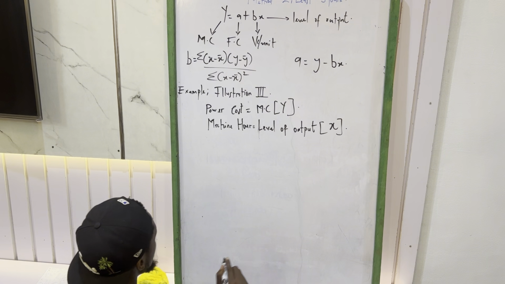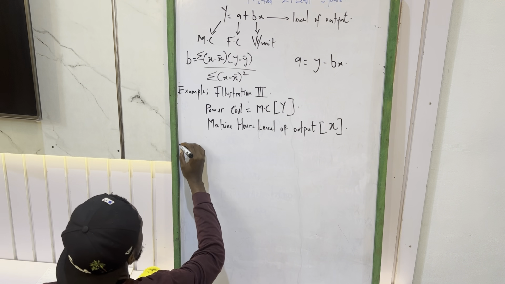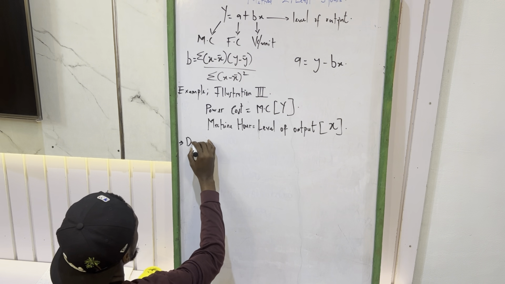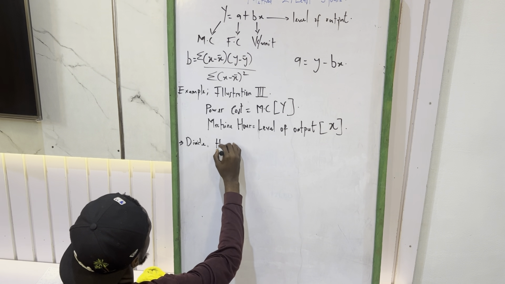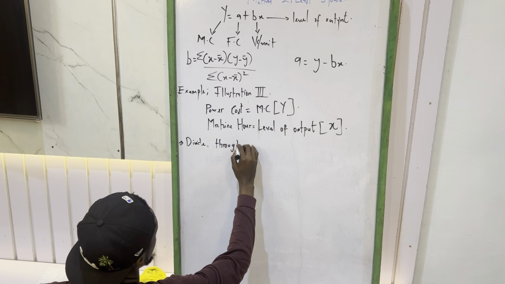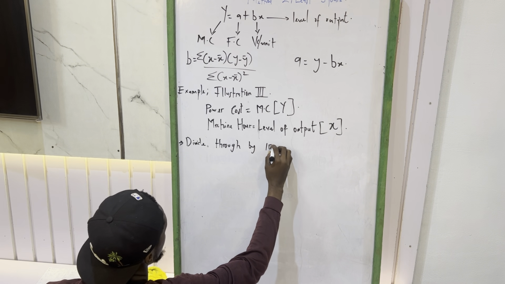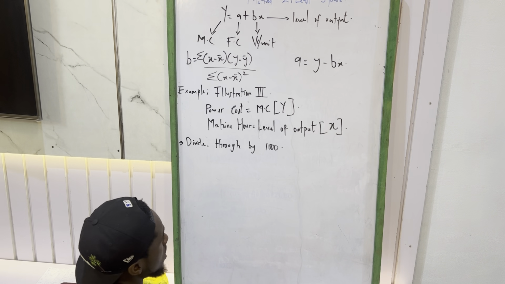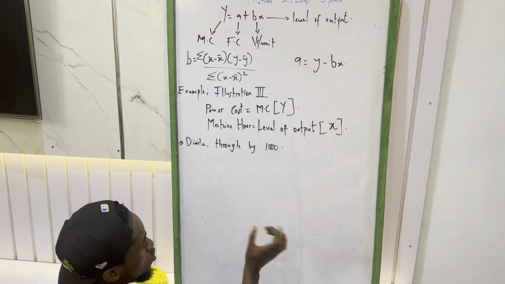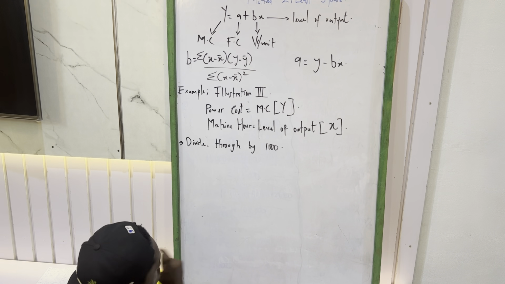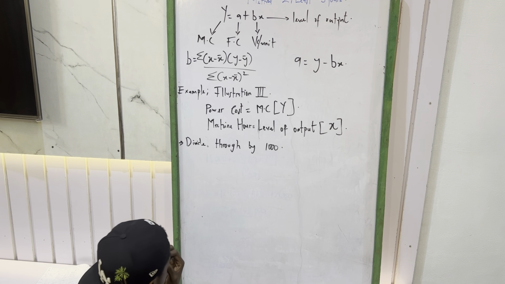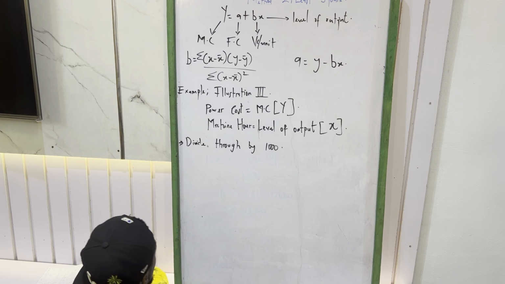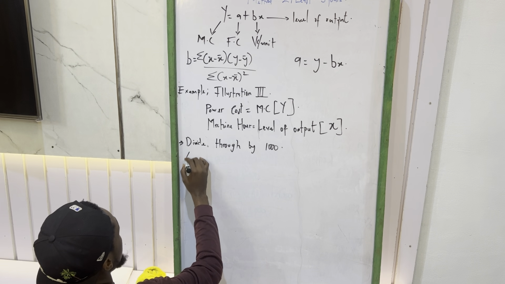So first thing first, we divide through by 1000. Why did we divide through by 1000? Easy. So that the data input we'll be working with will be small, and we'll be able to navigate well, and also to avoid error. Imagine working with 80,000, 50,000, 5,000, and all that lot. So of course, we'll have our X come first.